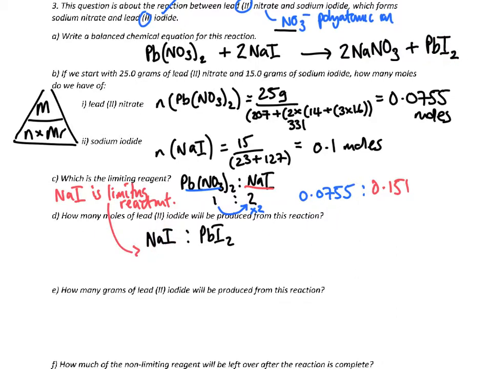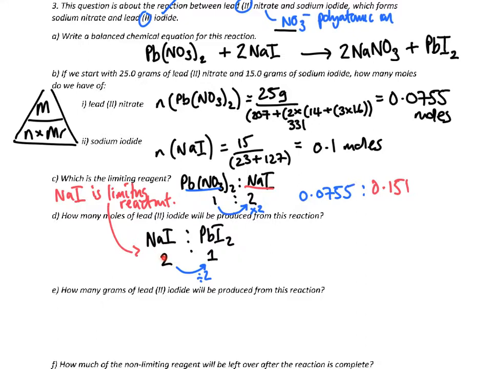So thinking of this as ratios, the sodium iodide, the limiting reagent, well, we have 2 moles in the balanced equation, so we are going to write a 2 down here. And then in our balanced equation, for every 2 moles of sodium iodide, it will give us 1 mole of lead iodide. So, we know that these are related together by divide by 2.